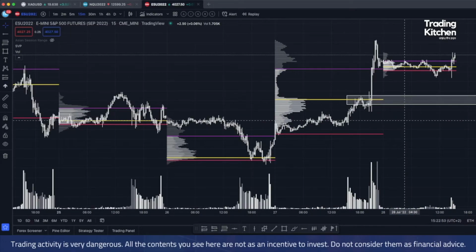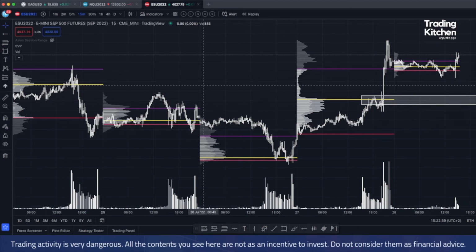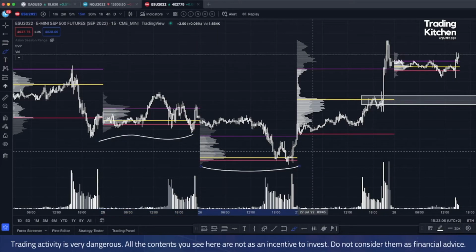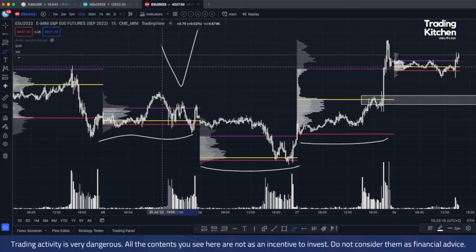So for example here, as you can see, these are all sessions. Okay, so this is one day, this is another day, and this is the third day. Look at the POC, for example, or the value area as well. In the first day we have the POC here, then here, and then here.